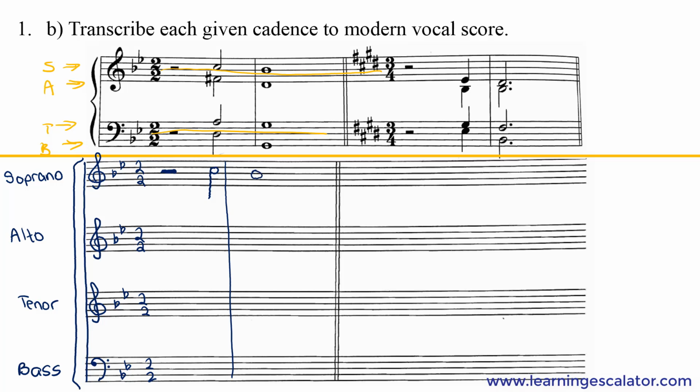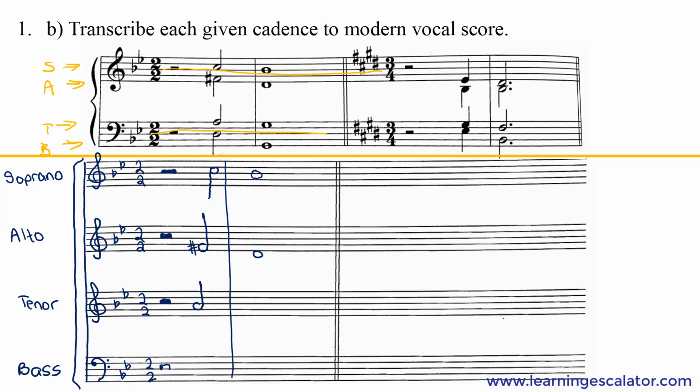Then in alto there's an F, there's a rest. And then an F sharp, and then a D. And in tenor, this one's an A, but you have to write it 1 octave higher. Well, first there's a rest, then it's an A 1 octave higher, and then there is another rest.